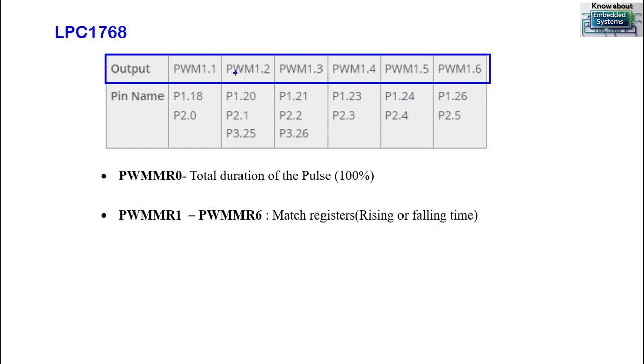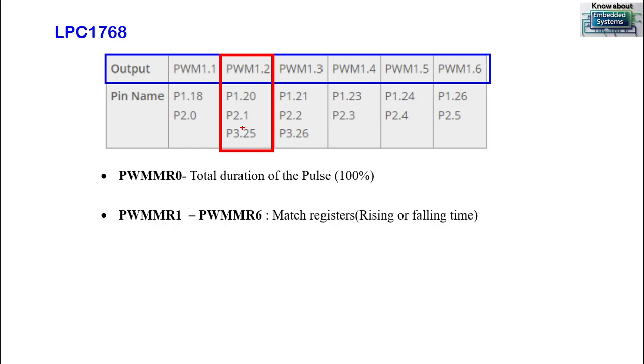Now you can see the port pin numbers here. For PWM1.1, they have defined some port pin numbers, and so on. But you can use any port pin and any channel, no problem. For my convenience, I'm taking PWM1.2, which is connected to P1.20 or P2.1 or P3.25.